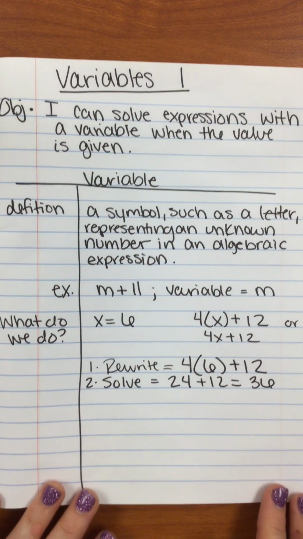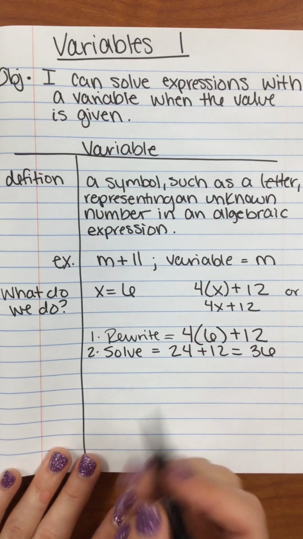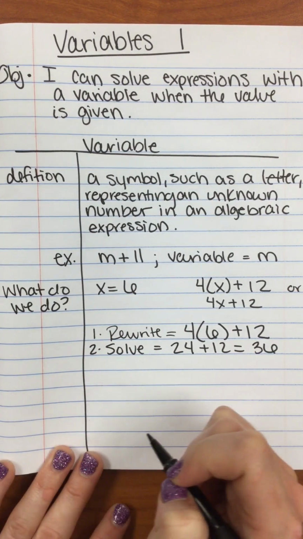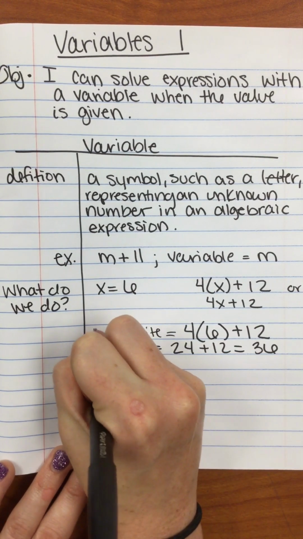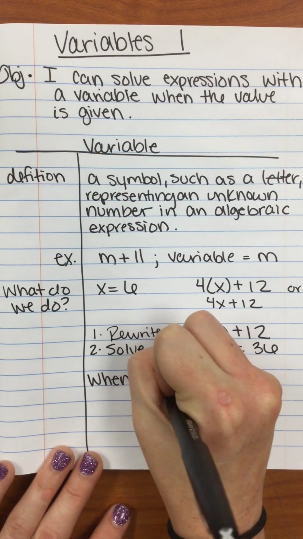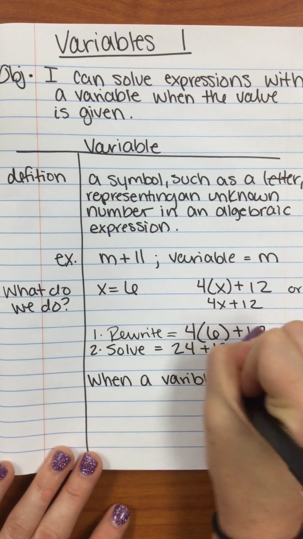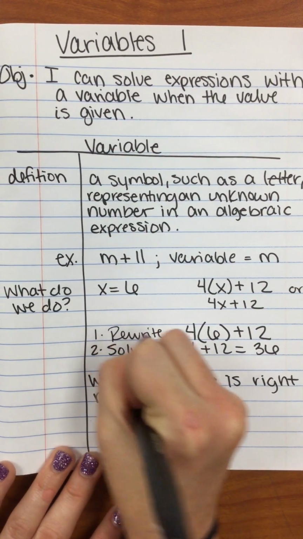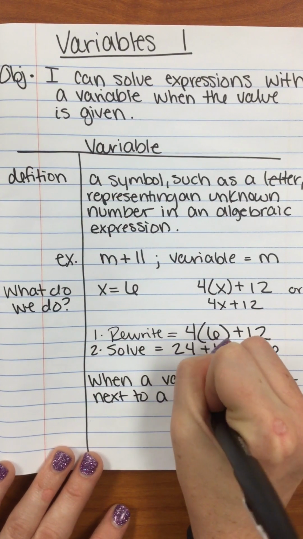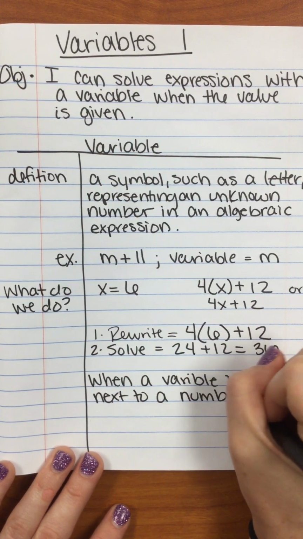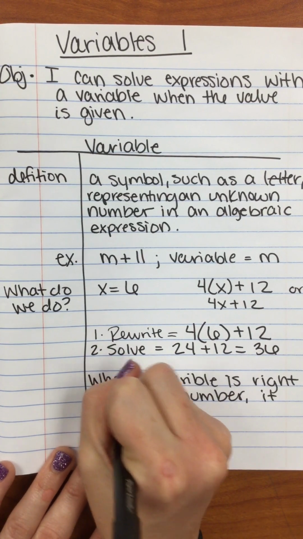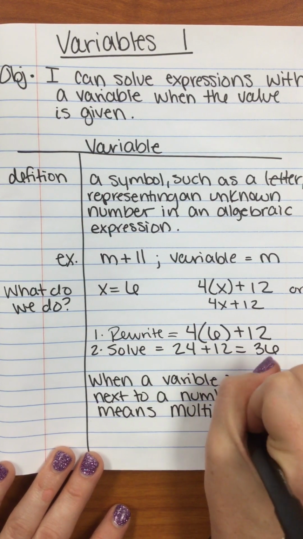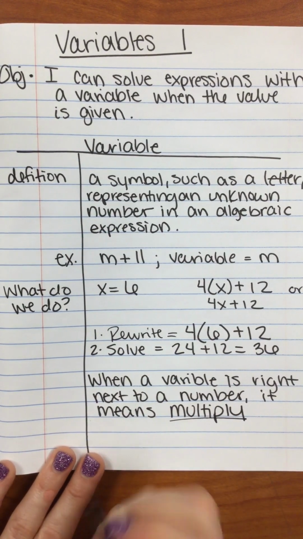So again, let's write what I said over here just so that we remember. We're going to put when a variable is right next to a number, it means multiply.